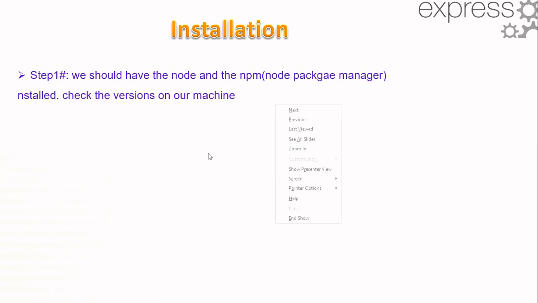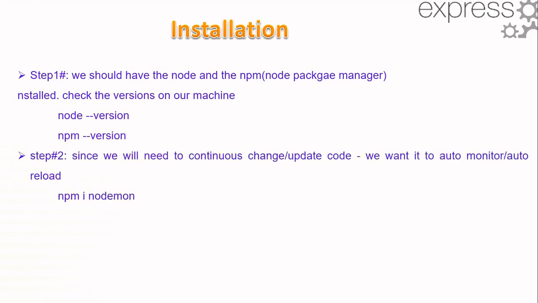So next, we type the command to check the versions of node as well as npm on our machine. Since we need to make continuous changes in our application, we do not want to restart the server again and again.